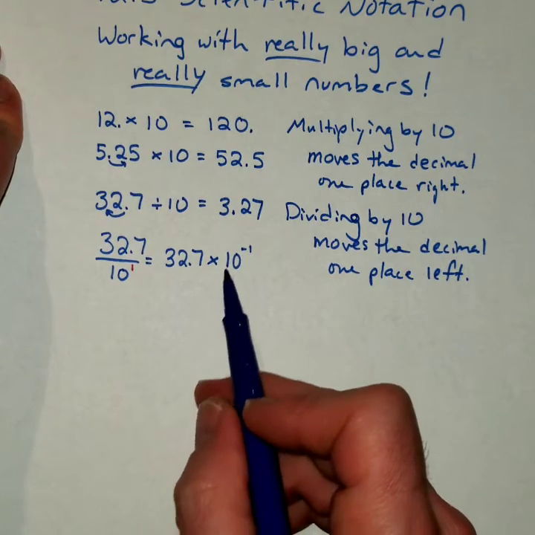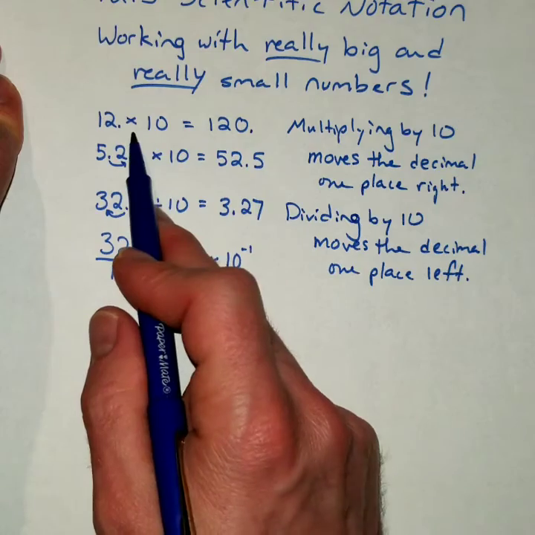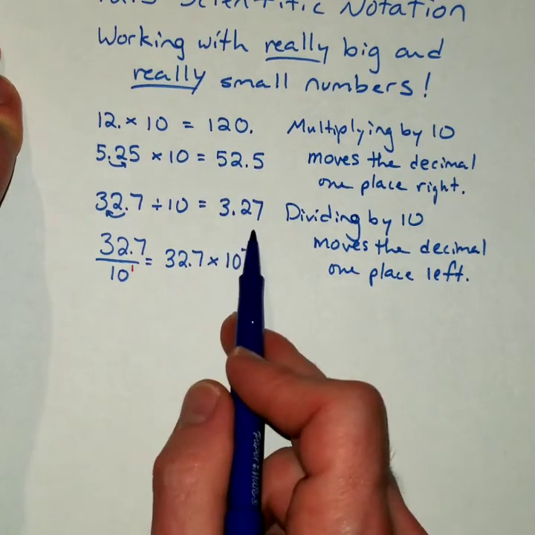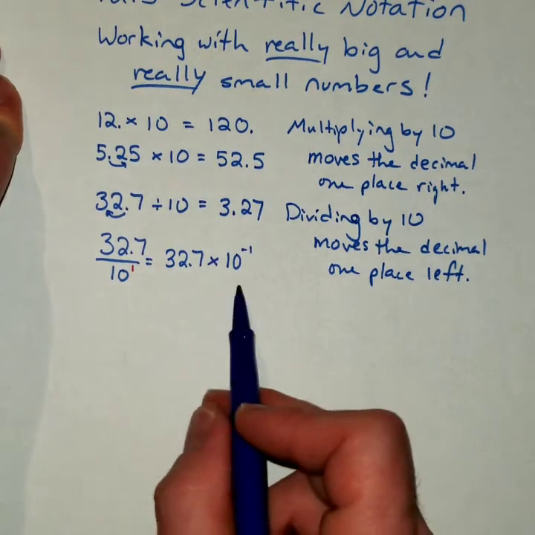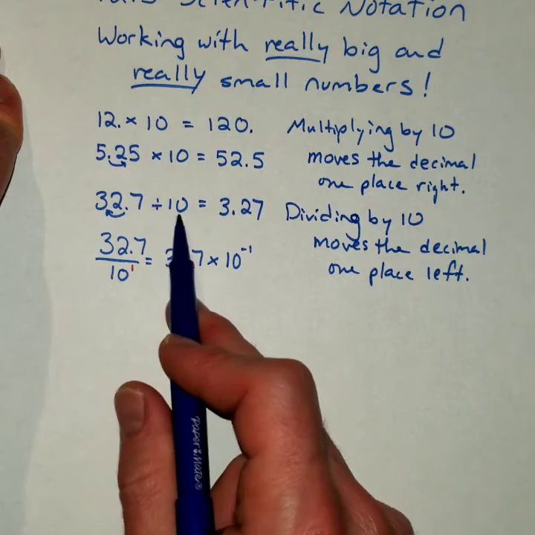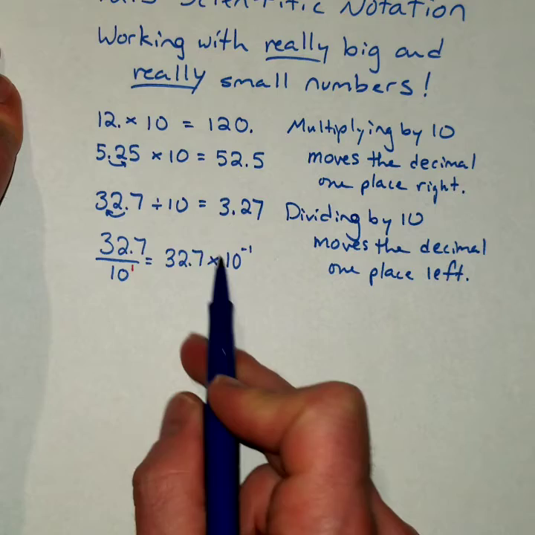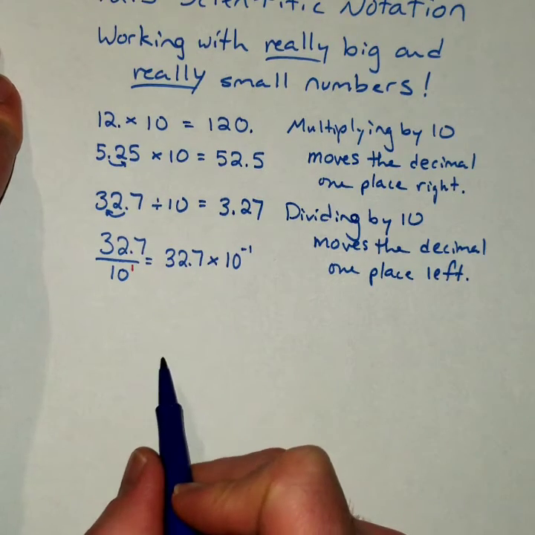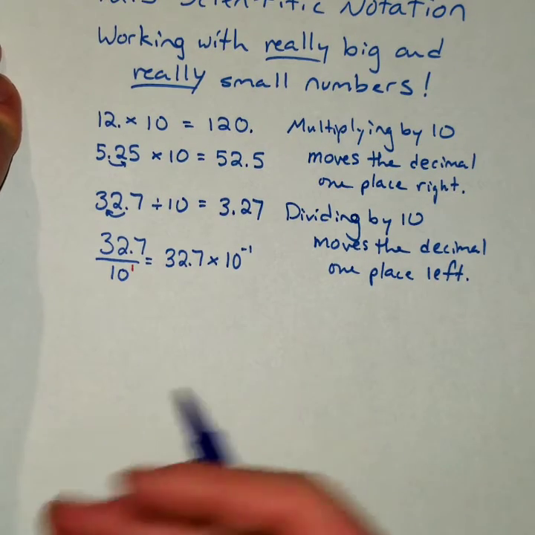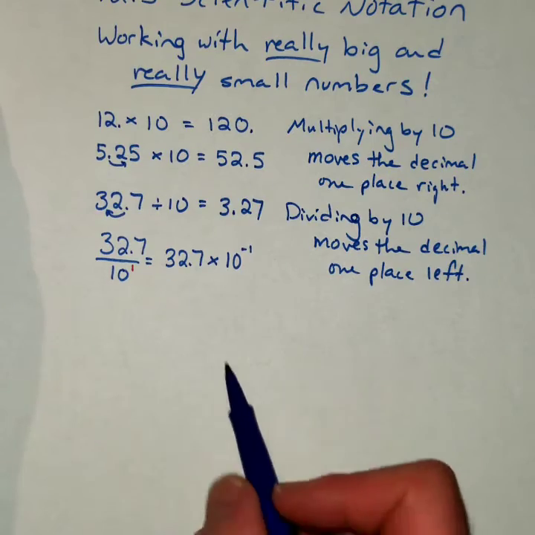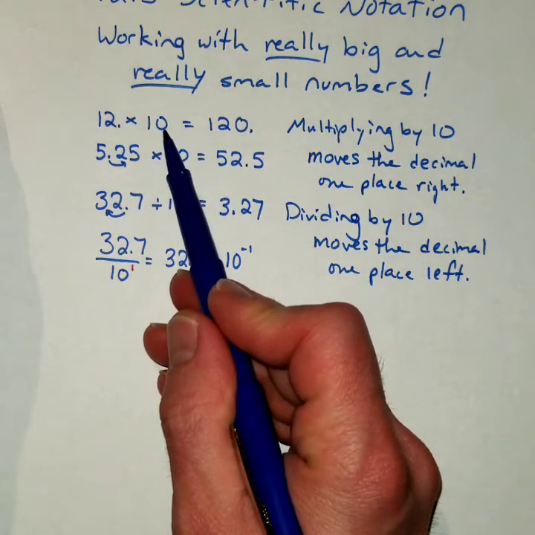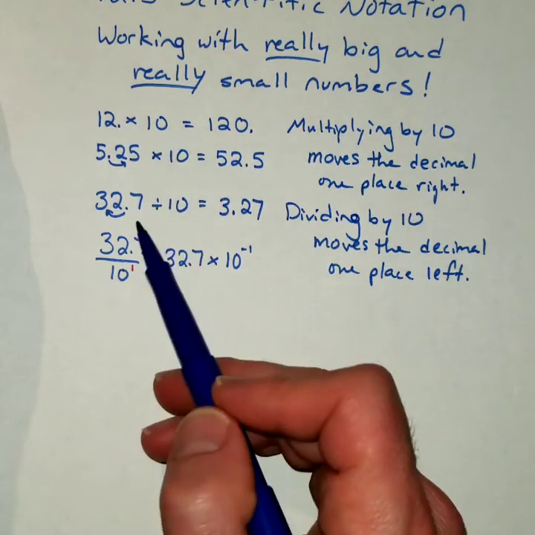Okay, so again, multiplying by 10 moves the decimal right, dividing moves the decimal left. Dividing by 10 is the same as multiplying by 10 to the minus 1. These two operations are exactly the same. So, let's expand that. Let's say you had more zeros on this power of 10.